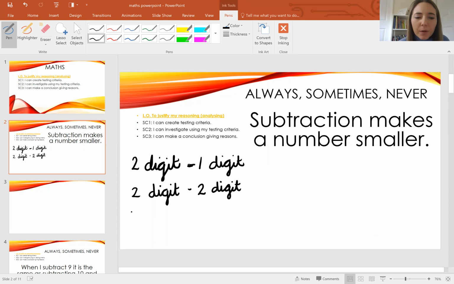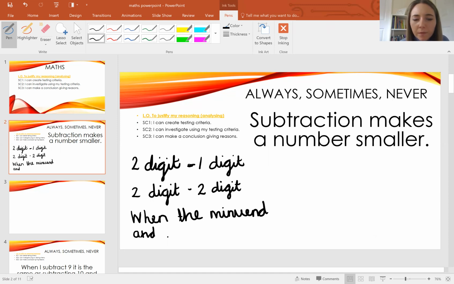So perhaps I should test that and see if that makes the number smaller, when the minuend and the subtrahend are the same.